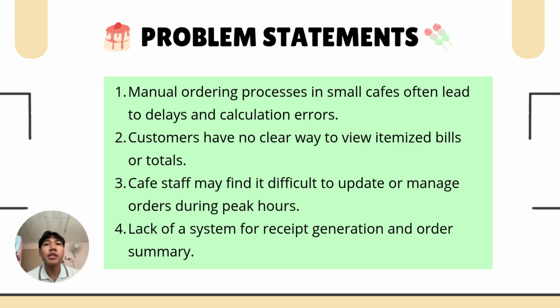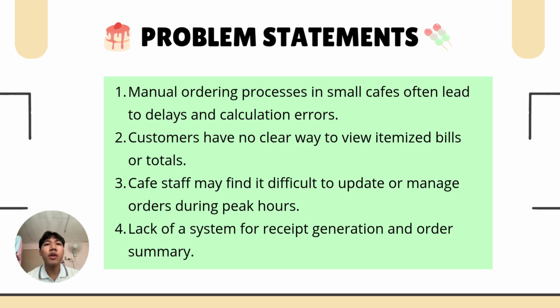Without a digital system, customers often receive handwritten bill or are told the total verbally, which lacks transparency. This makes it difficult for them to verify the individual prices of items they order, leading to possible dispute or mistrust, especially if prices are unclear or inconsistently communicated.